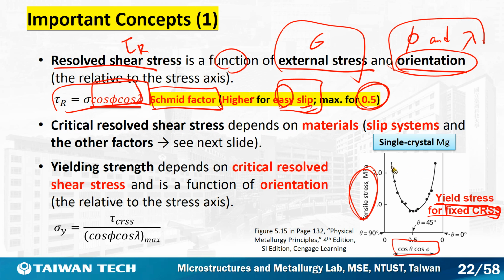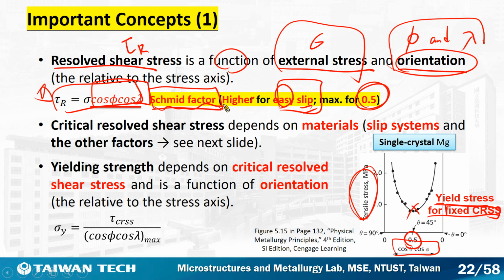With a higher yield stress, it will be hard for slip. So with the maximum Schmid factor 0.5 here, the lowest yield stress, it will be easy for slip. You just need to understand these equations and also the definition of the Schmid factor.